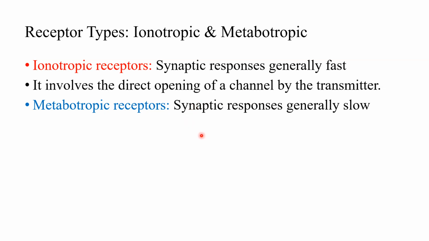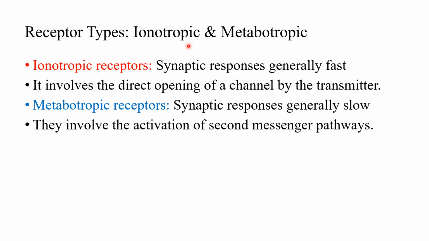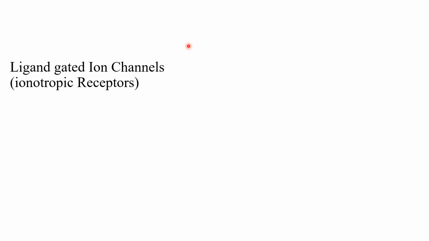Metabotropic means the receptor is binding and that is causing metabolic changes in the cell, right? That is called second messenger formation, and this second messenger will cause opening of the channel or do something. That is called a metabotropic receptor. They involve activation of a second messenger, and then the second messenger will do the activity.